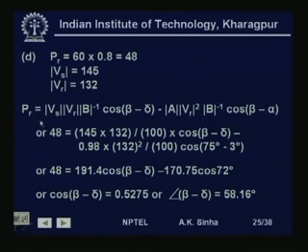So, P r is equal to V s V r divided by B into cos of beta minus delta, minus A into V r square by B into cos of beta minus alpha. Now, here we know the P r value is 48. So, substituting all the values, we get 48 is equal to 145 into 132, that is V s into V r, divided by 100 into cos of beta minus delta.